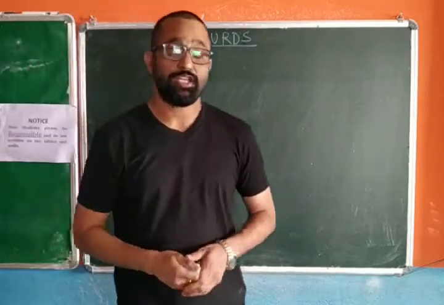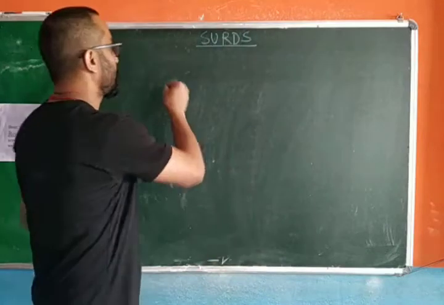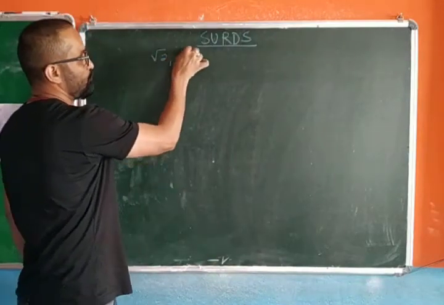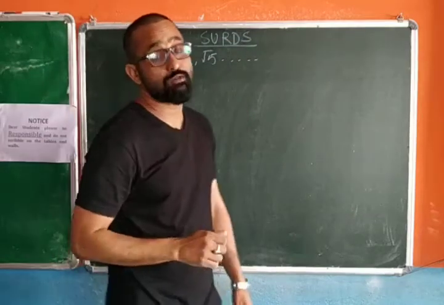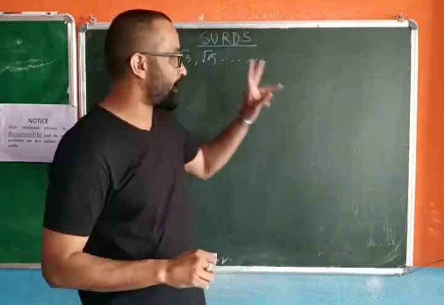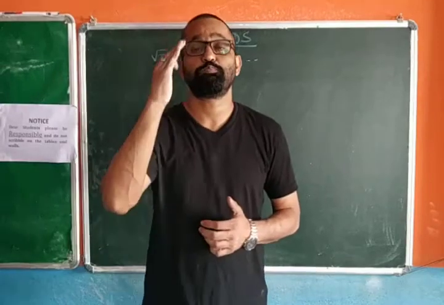We talked about irrational numbers: root 2, root 3, root 5. These are irrational numbers. They cannot be written in the form of p by q.